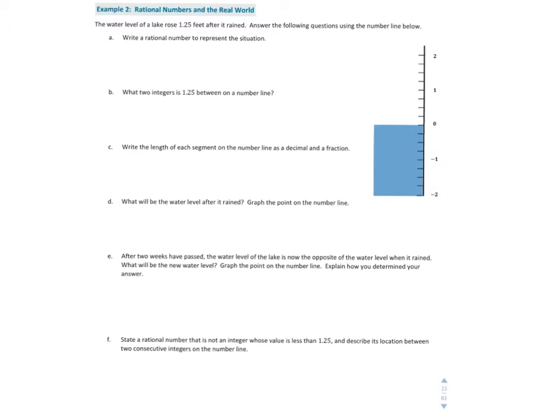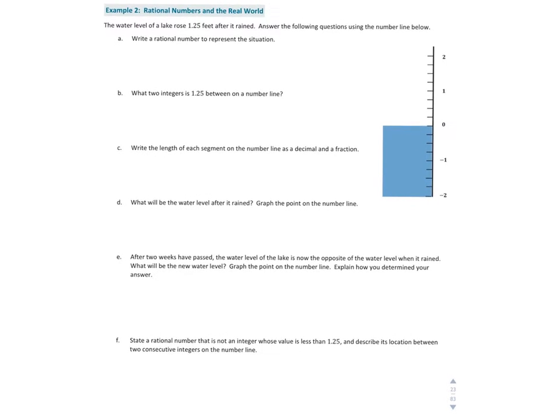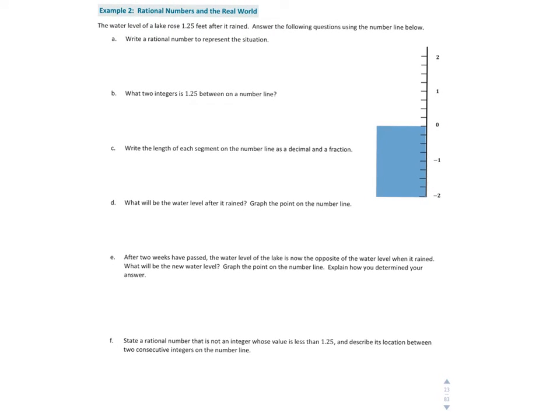Okay, example 2 says the water level of a lake rose 1.25 feet after it rained. Answer the following questions using the number line below. So if I look at this number line, I see that 0 is here.